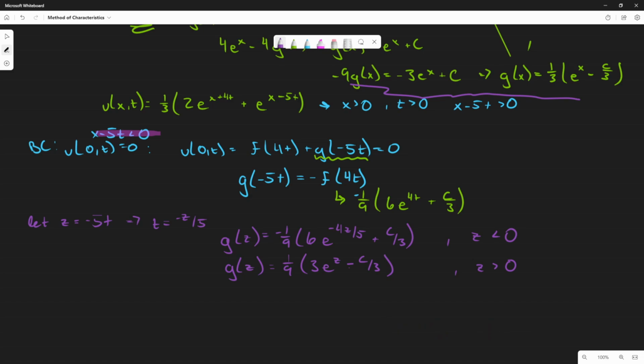So now we notice that g of z is a piecewise function with two different solutions, where one is satisfied when z is negative and the other when z is positive. And the z negative part encapsulates the case of x minus 5t being negative.